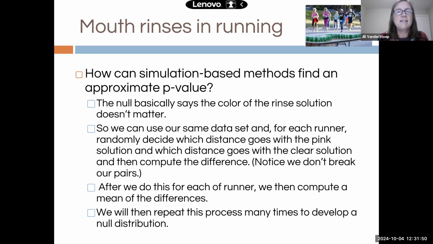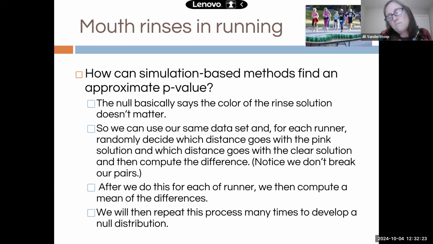So the null basically says that there's no association, right? Null hypothesis, dull hypothesis, nothing going on, no association between the color and the distance run. And so what we're going to do to simulate that no association is treat each person almost like they're their own block. And I probably wouldn't say this in my intro class, but I would in my intermediate. And within that person block, we're going to say it doesn't matter what distance goes with what color rinse.